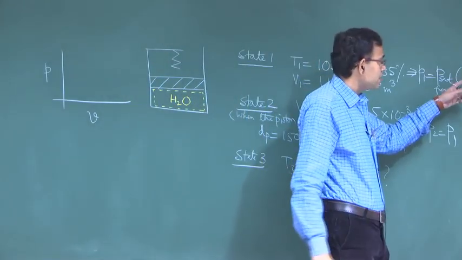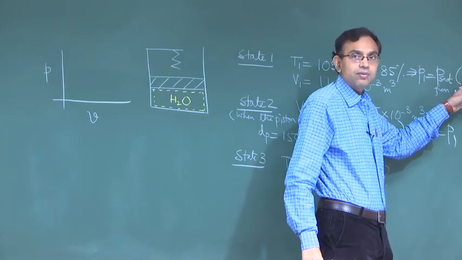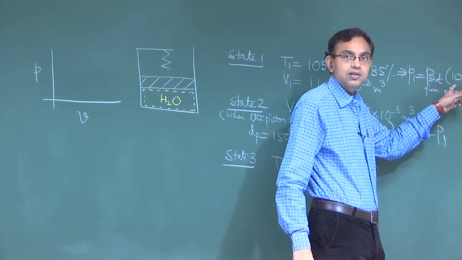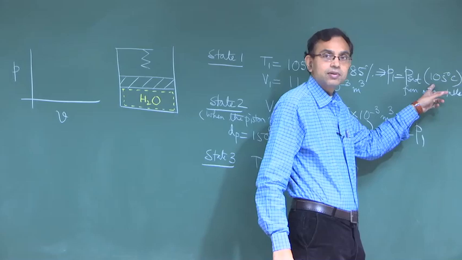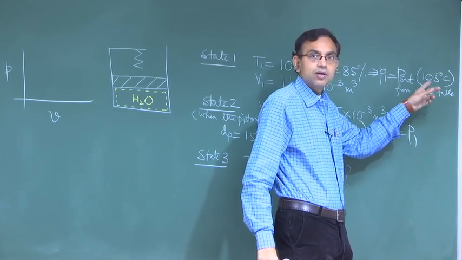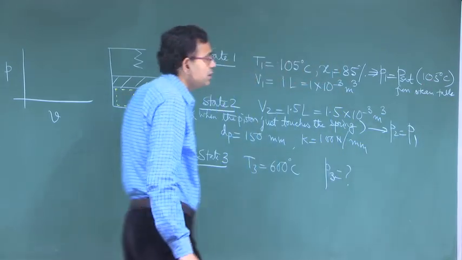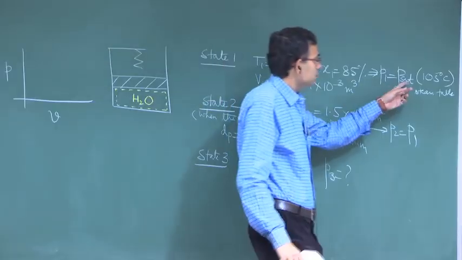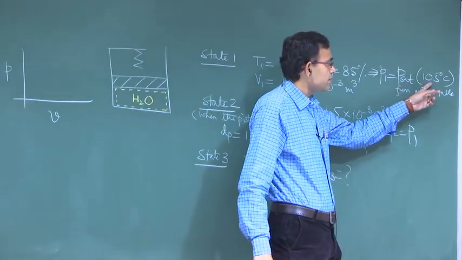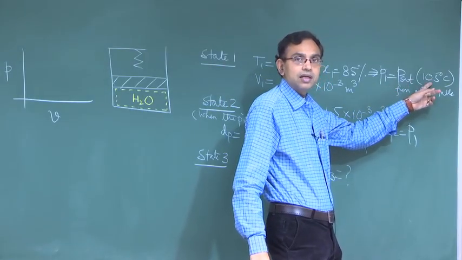I am requesting, please stretch the camera a little bit, because this is not visible. Yes, now it is visible, fine. So, P1 is P sat corresponding to 105 degree centigrade.